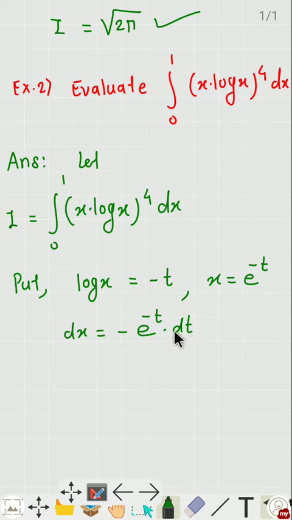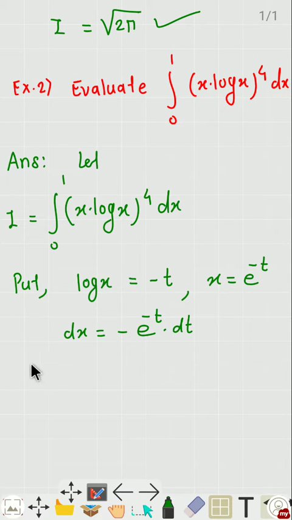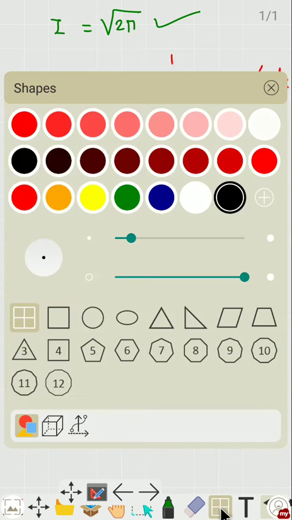Okay, so due to this substitution the limits of the new variable will get changed.